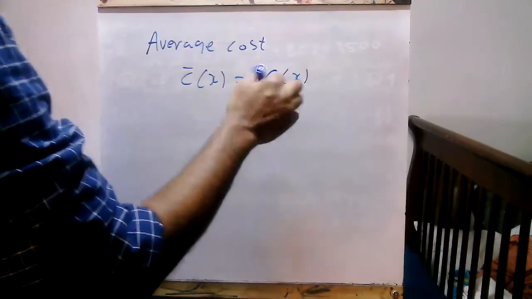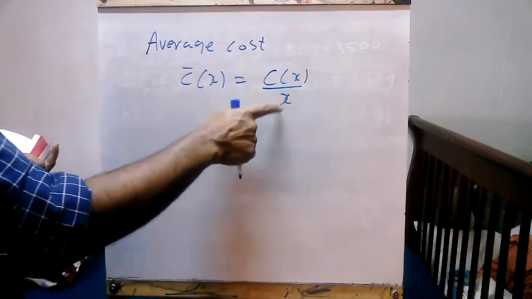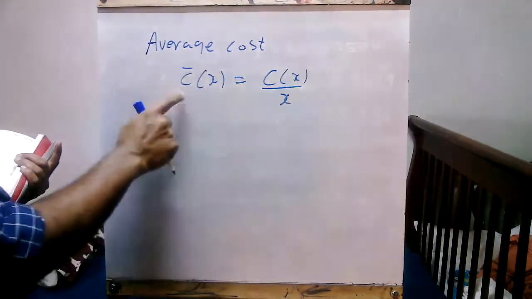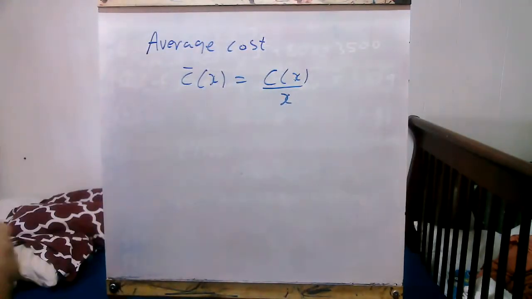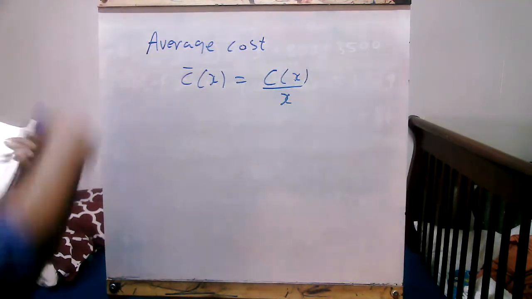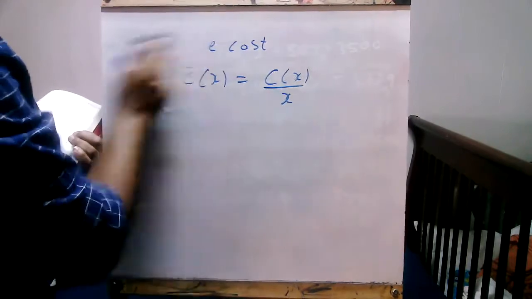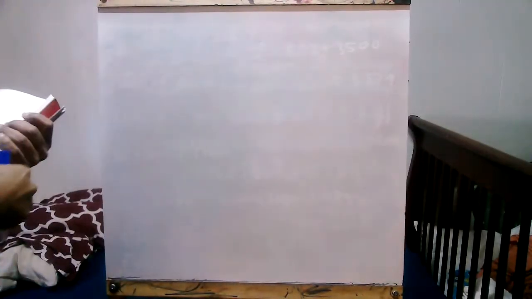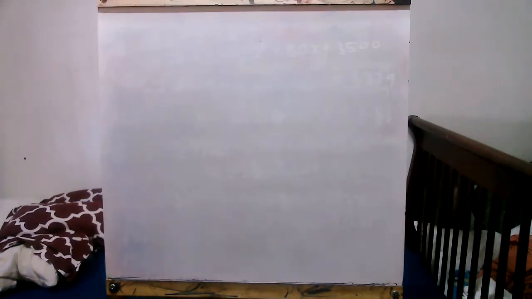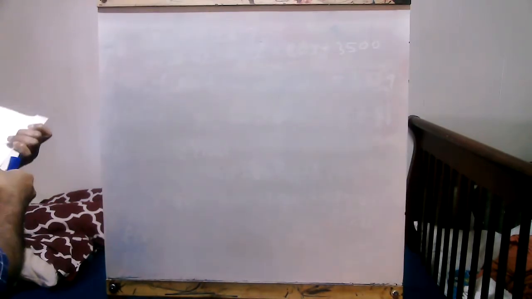Cost of producing x items divided by the number of items x gives us the average cost. Let's look at examples. Which one? Let's do this example.